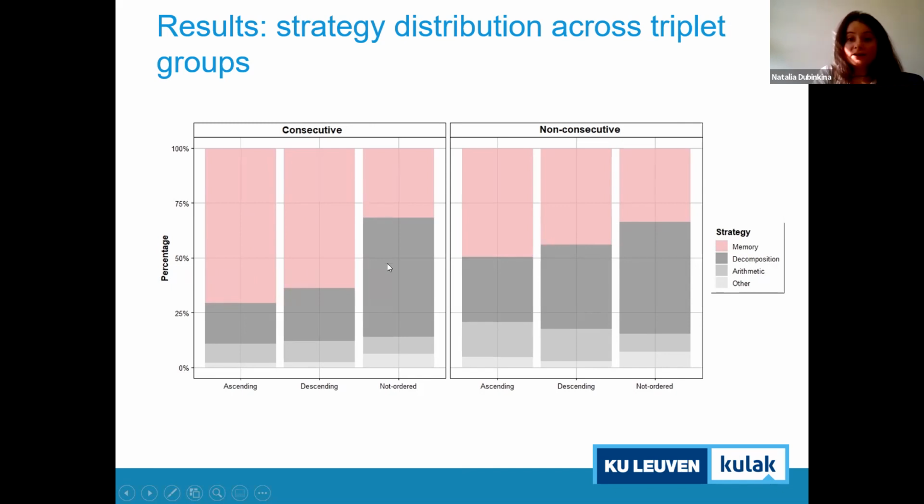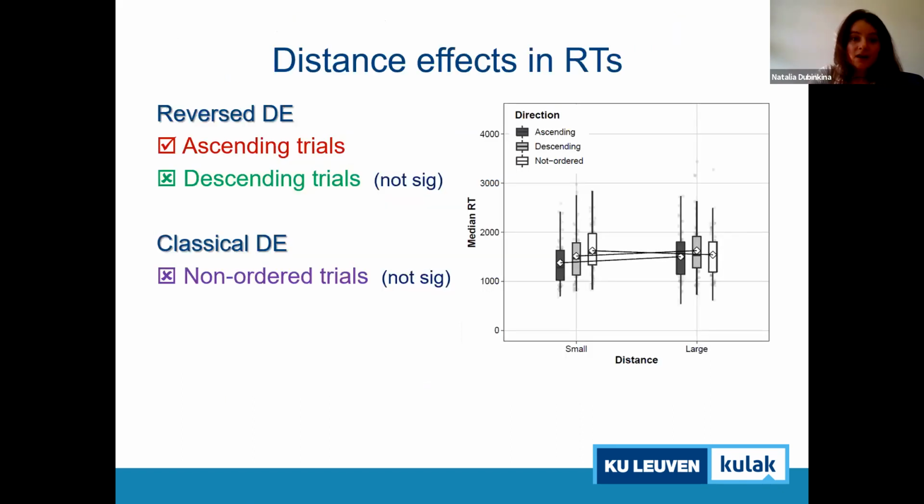And for non-ordered trials, decomposition was the most popular choice, which is more or less in line with our predictions and some previous speculations on possible mechanisms that are involved in triplet judgments.